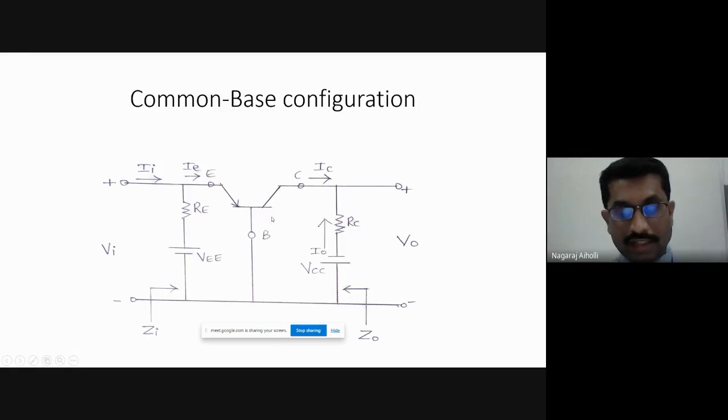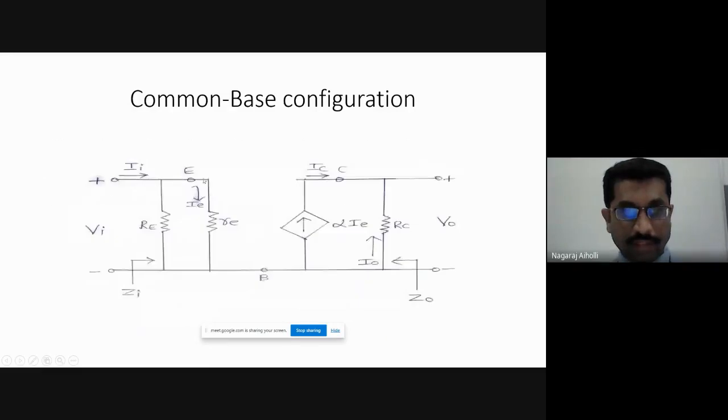That is represented by small re, which comes between the emitter terminal and the base terminal.